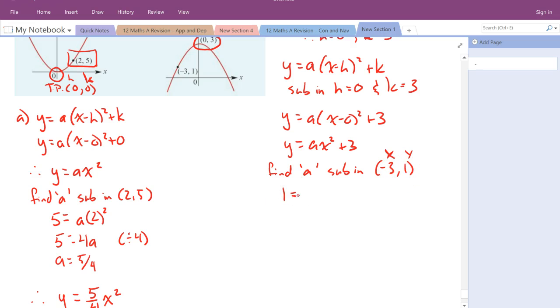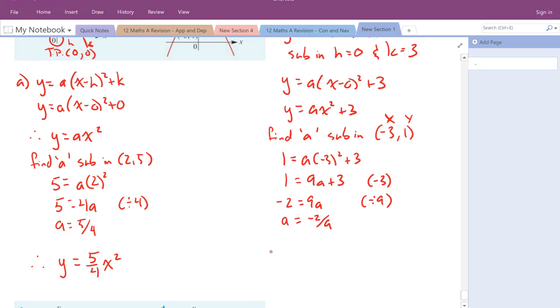So 1 equals a times negative 3 squared plus 3. Negative 3 squared is 9, so that's 9a plus 3. Subtract 3 from both sides, so negative 2 equals 9a. Divide both sides by 9, so a equals negative 2 on 9. That gives us y equals negative 2 on 9 x squared plus 3.